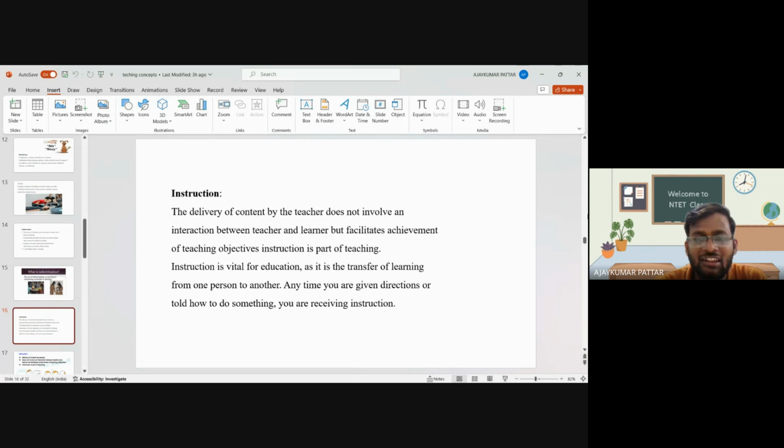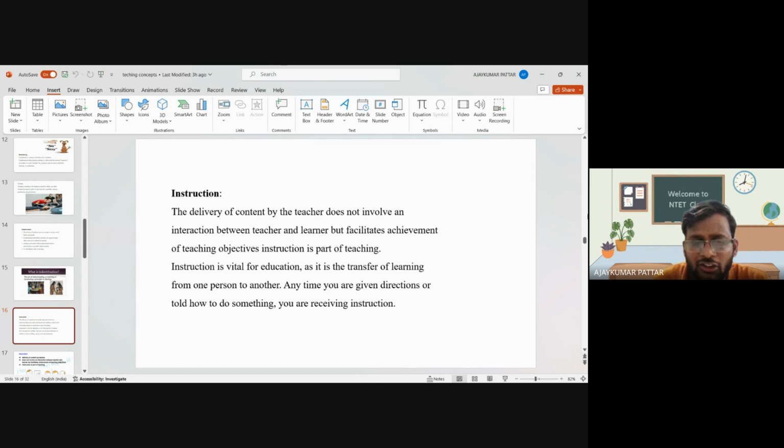So it is also giving learning, but the only difference between teaching and instruction is that instruction does not involve interaction between the teacher and learner. For example, in a classroom for a computer program, the teacher will say now enter the CA, now give the space, now press the enter button. The teacher gives instruction, the student simply follows it, and they finally achieve the objective they want.